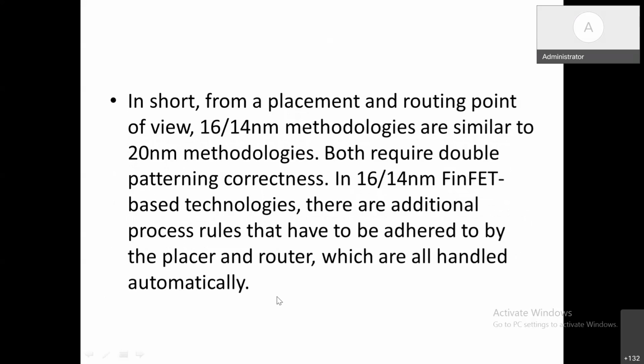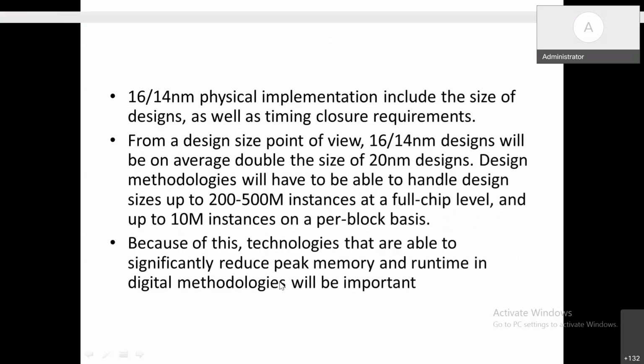They need some additional process rules. Here you can see the complication. In this FinFET design, when you are talking about a 16 or 14 nanometer design, it will have to handle design sizes of 200 to 500 million instances at the full chip level, and for each block, 10 million instances it should take care of.